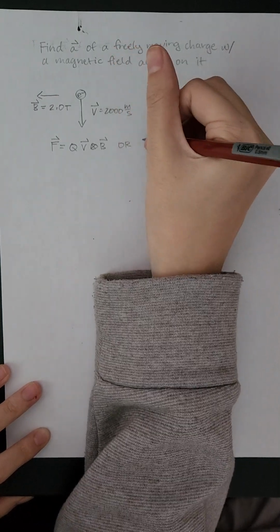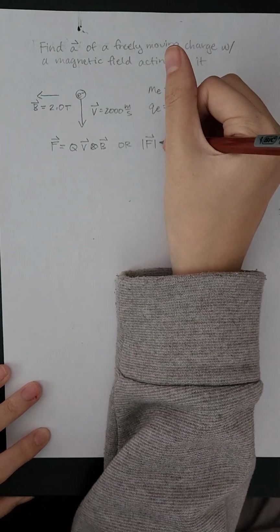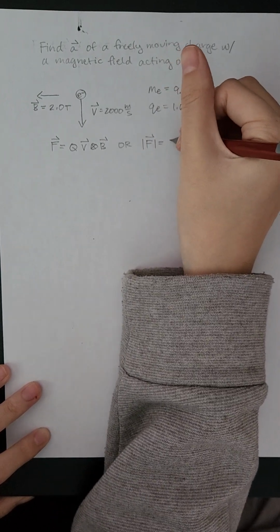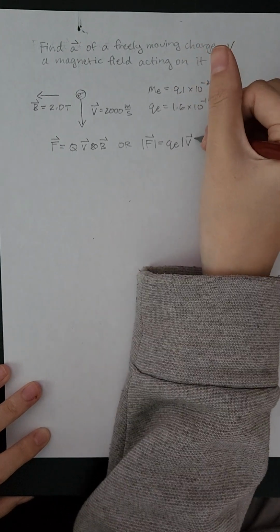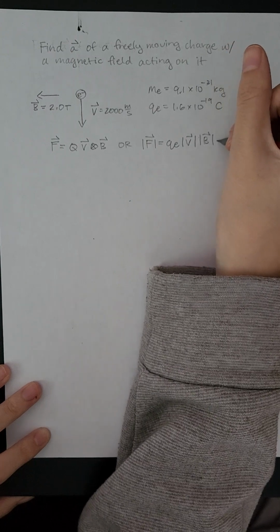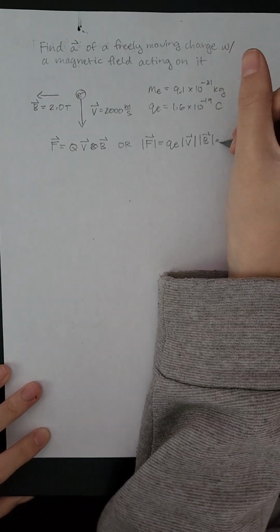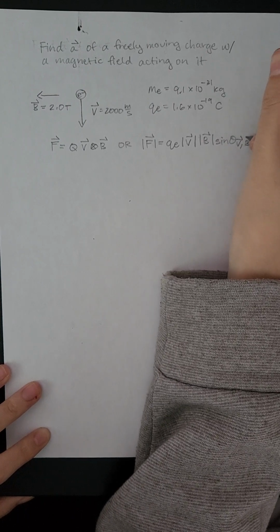Or we rewrite that as the magnitude of the force is equal to charge times magnitude of velocity times the magnitude of the magnetic field, sine theta, between velocity and magnetic field.